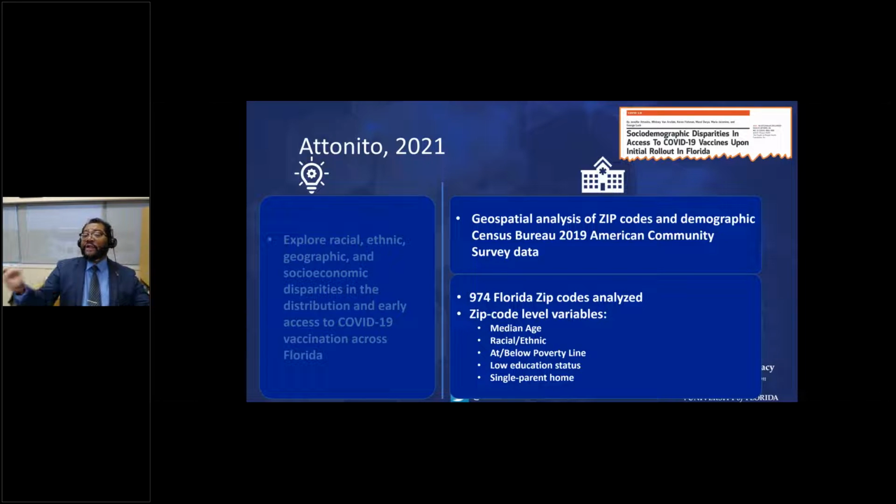They looked at 974 Florida zip codes, and zip codes that did not have any patients or any citizens were excluded. The variables they looked at include median age, racial and ethnic makeup, at or below poverty line, low education status, and socioeconomic status, or single-parent households.